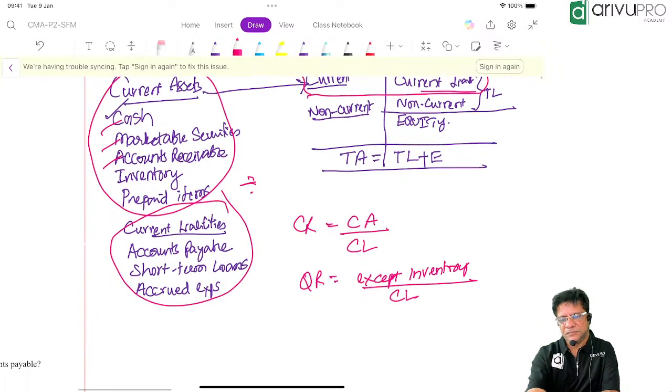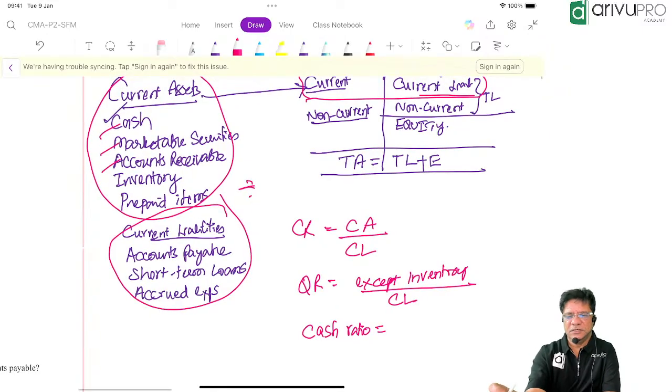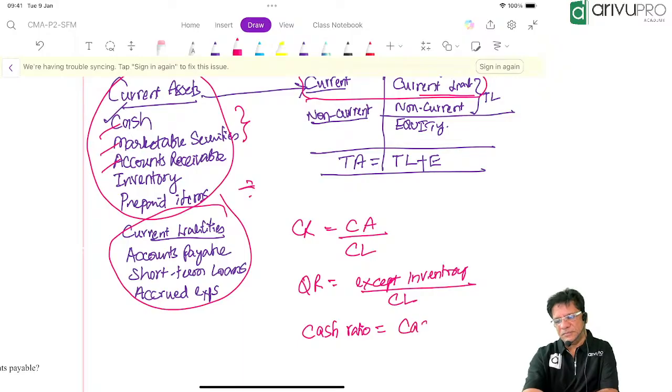Next, the cash ratio. The cash ratio is what? These two: cash plus marketable securities.